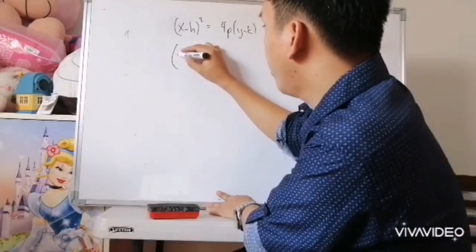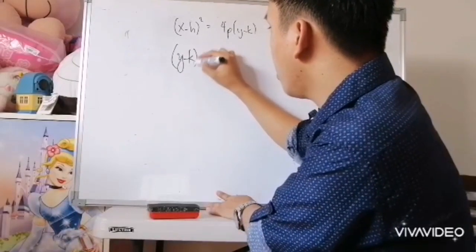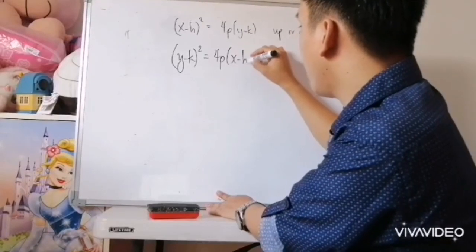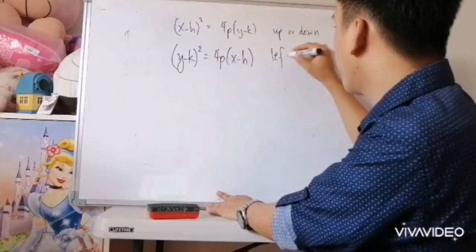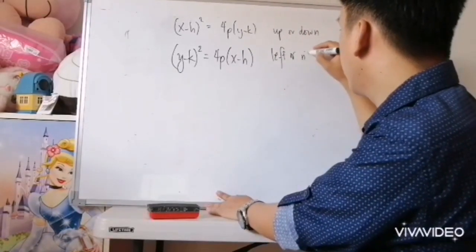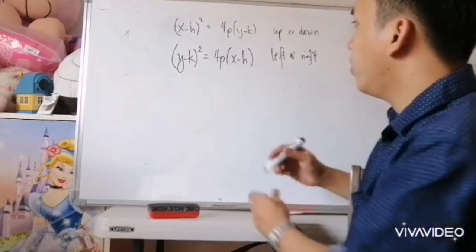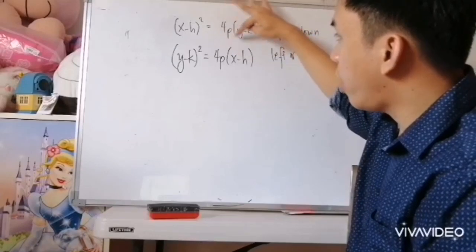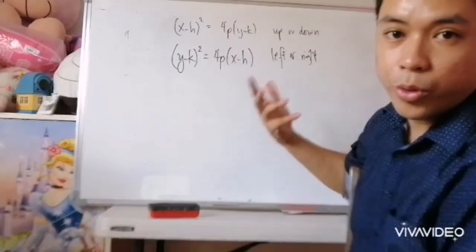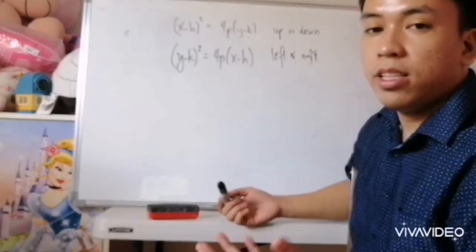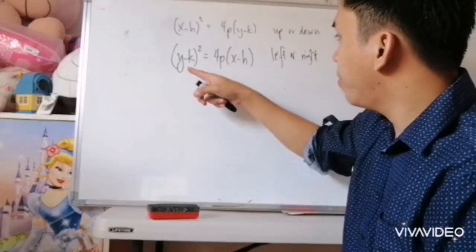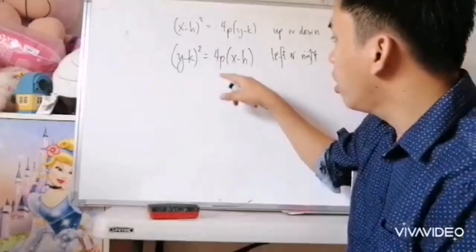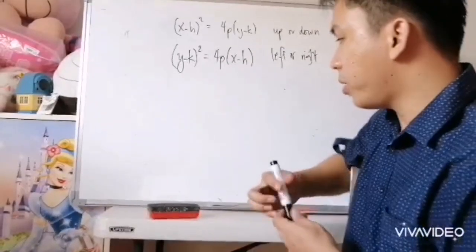And you'll have y minus k squared equals 4p times x minus h, which is either left or right. So for the case of up and down, you'll just have to check this. If this is positive, it's of course up. Otherwise, it's down. And for the other, you'll have to check this. If it's positive, then it's right. Otherwise, it's left. Okay.